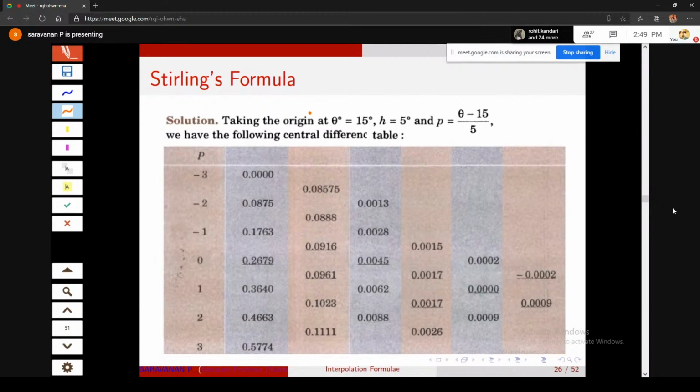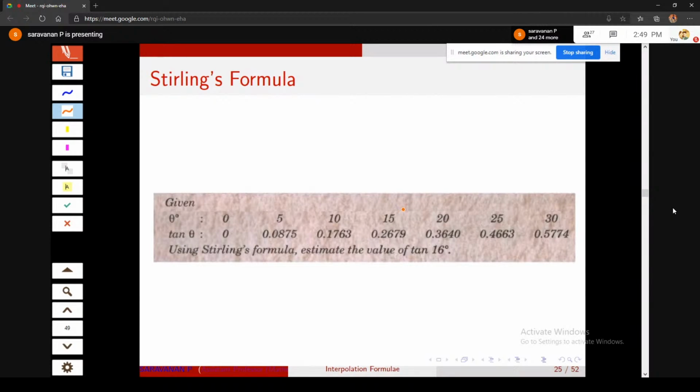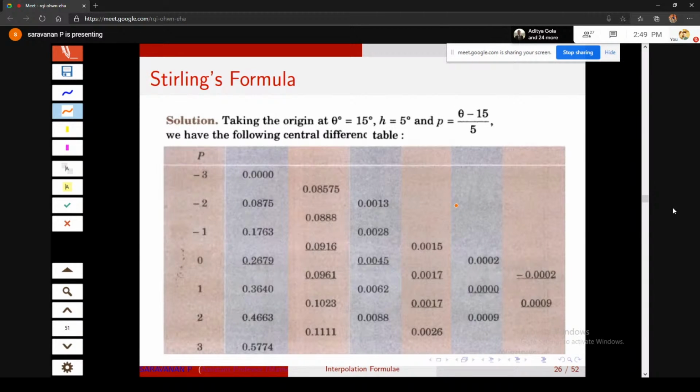So now what is P? P is x minus x0 by h, here it is theta, so theta minus theta 0 by h. Theta 0 is 15. Theta is the value at which I want to find, that is 16. And what is the difference? 5. So h is 5. So I'll get theta minus 15 by 5.